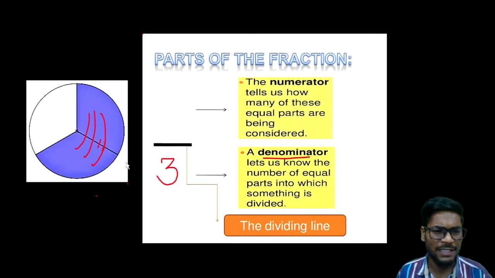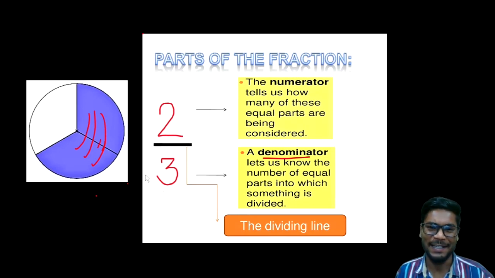As in this case, we require the portion that is colored. So out of 3 portions, 2 parts are colored. So the numerator is the number that we actually need. We need the colored portion. There are 2 parts that are colored.